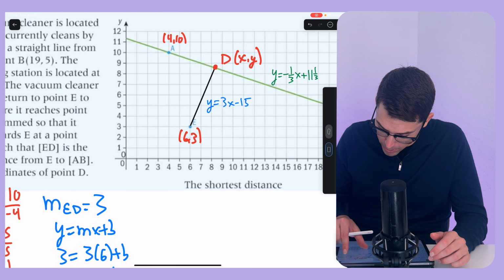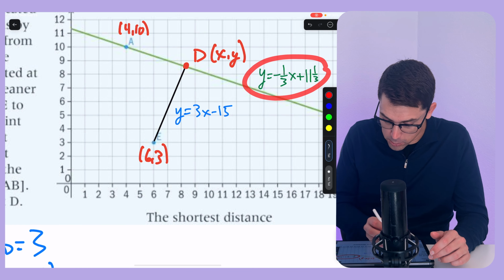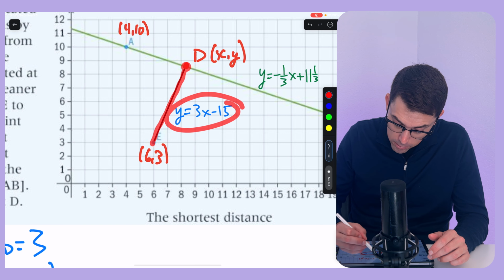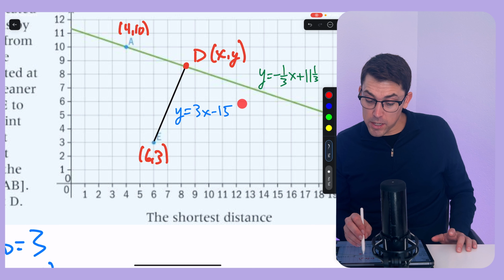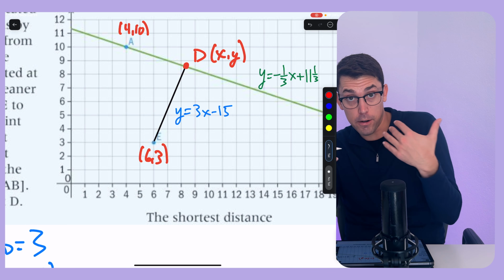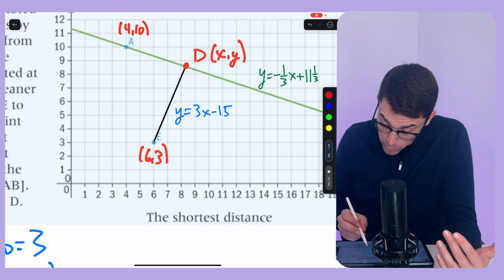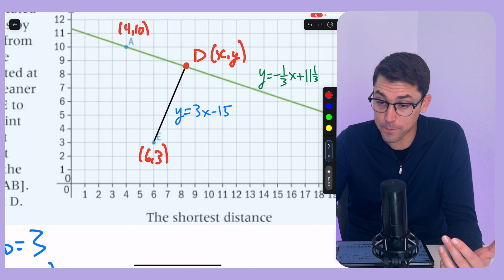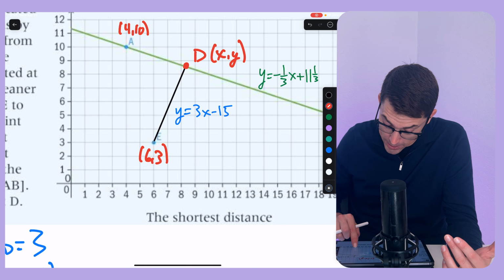So again, I now have an equation for this green line going right there, and I now have an equation for this perpendicular line going here. So now, if we set these two equations equal to each other, or if you put them in a graphing calculator and use the intersection function, you can figure out which x and y coordinates these two would give you. Now, I'm going to do it by hand.